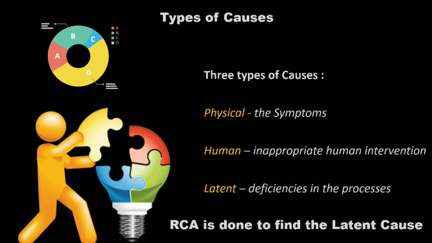However, the solution to the problems comes only after working on the third one, that is, the root cause or the latent cause, which lies at the bottom. It states the deficiencies in the processes. Root cause analysis methods tries to identify and solve all the latent causes. That is why root cause analysis is often considered to be an iterative process.